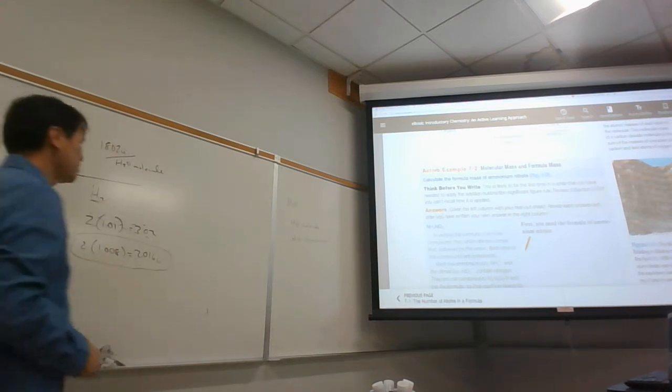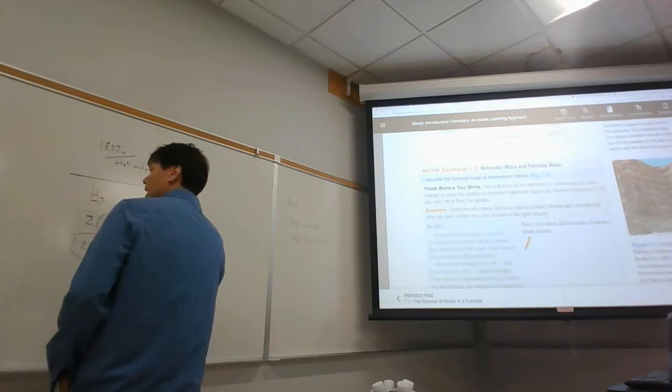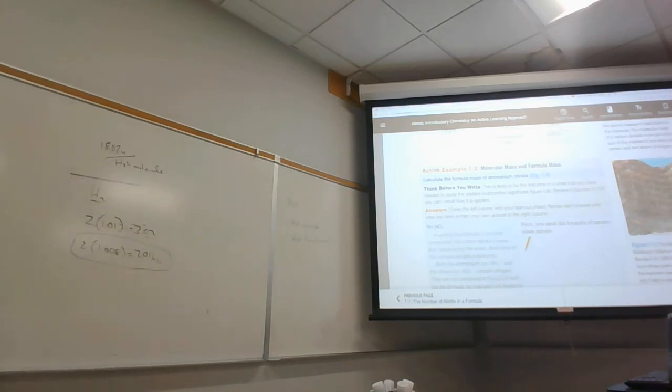Okay, so for ammonium nitrate, we need to figure out how many atoms are in a molecule of ammonium nitrate or a formula unit of ammonium nitrate. How should I phrase that? If I want to determine the mass, is that going to be a mass of a molecule of ammonium nitrate or the mass of a formula unit of ammonium nitrate, or either one's fine?